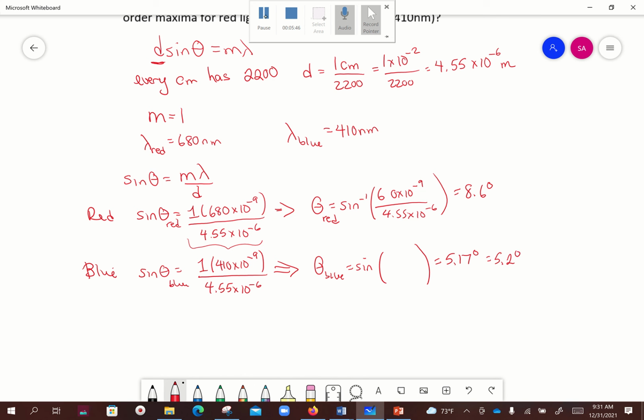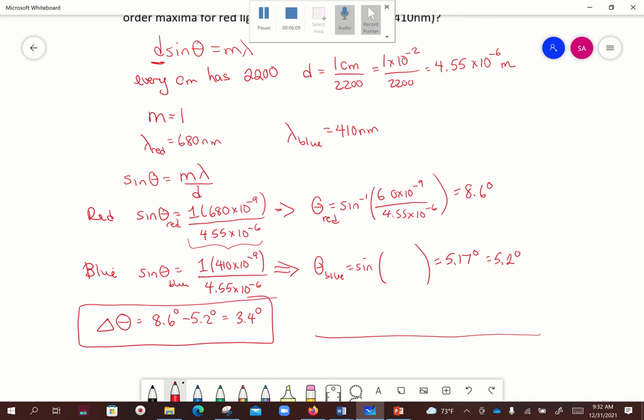All right, so what's the difference in the angle? The difference in the angle is 8.6 degrees minus 5.2 degrees. So I get 3.4 degrees. Okay, so what that means is that when you look through the spectrometer, if you shine white light on it, you're going to see the red light.